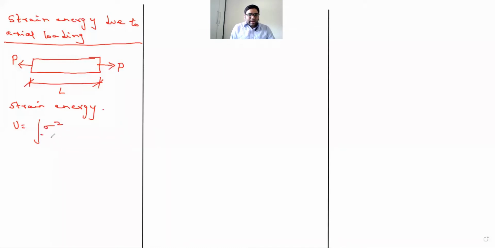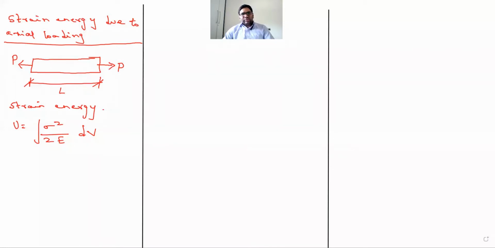This is the strain energy expression for any body. Now if you want to calculate strain energy per unit volume, that is strain energy density, then we will have sigma square by 2E directly. We need not substitute anything else.